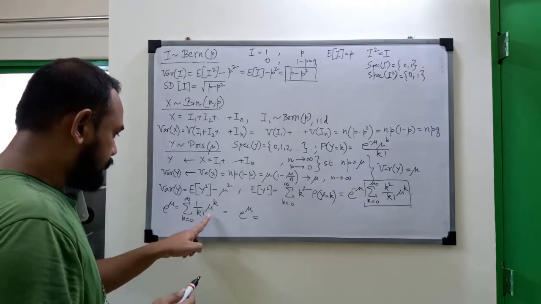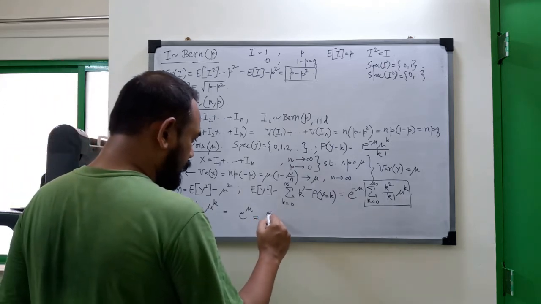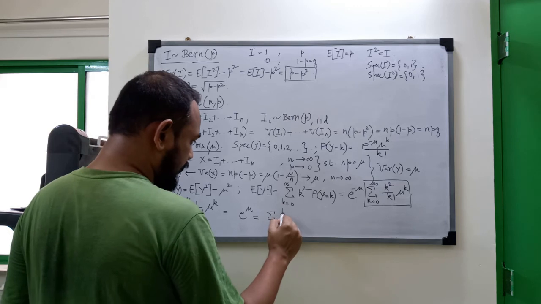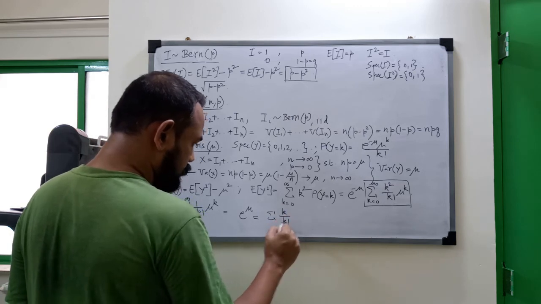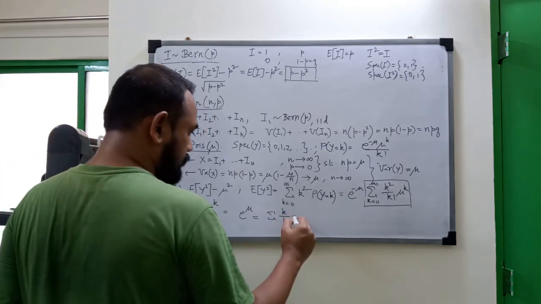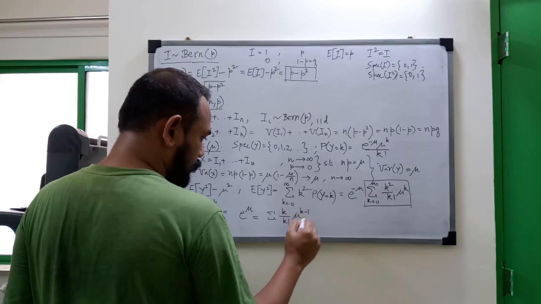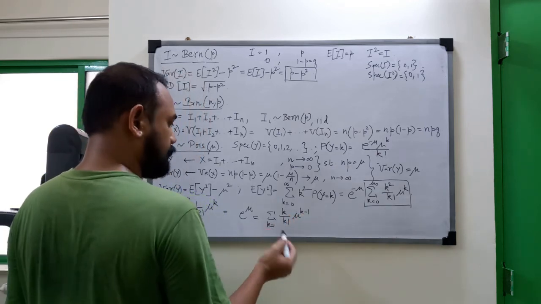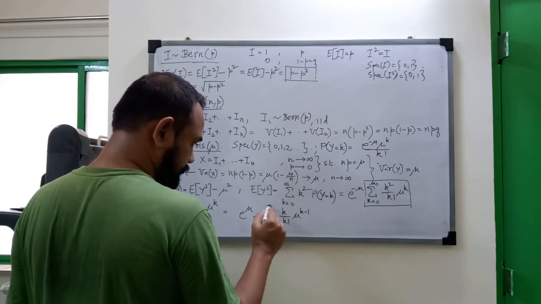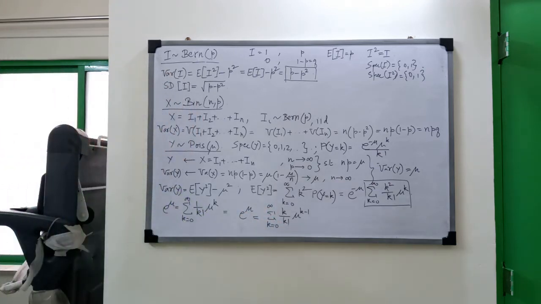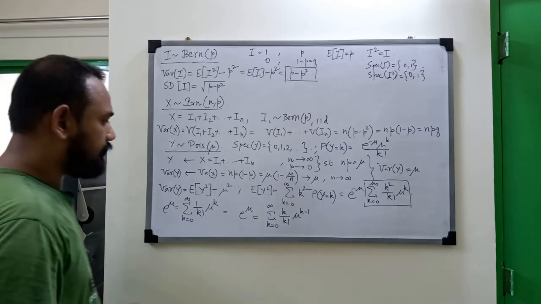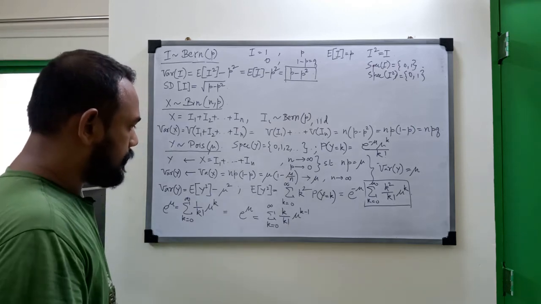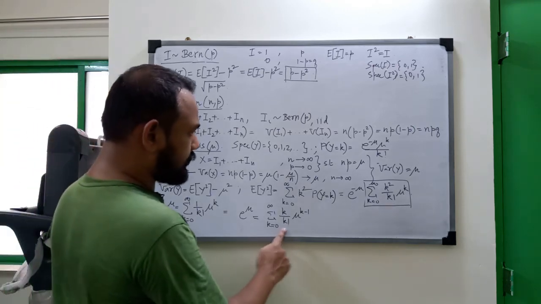If I differentiate this, I will get a k over k factorial, and mu to the k minus 1, and the summation can happen from 0 itself. Okay. All right. So is this it? Not yet.